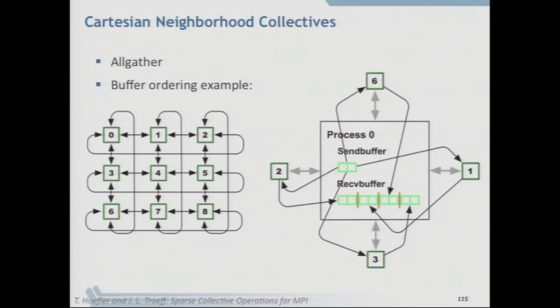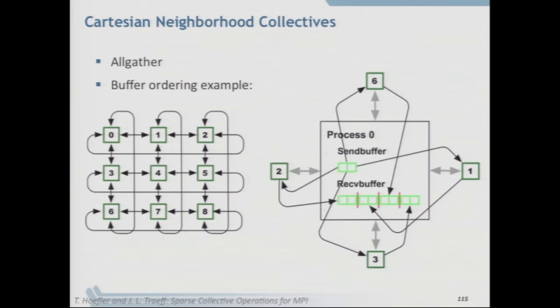So the send, rank 0 has a send buffer, and this gets sent to all its neighbors. So the neighbors are 1 and 2, the 2 is the wraparound, and 3 and 6, 6 is the wraparound. So the send is easy. The receive is, there'll be a receive buffer, and where is the data placed? So the data is placed in order of dimension and in the left and right.